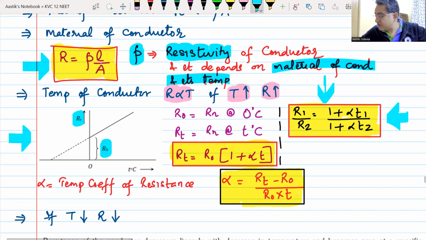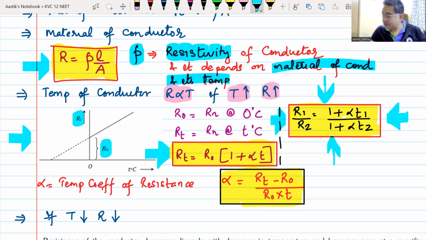From this formula, you can find out the value of alpha, and then you can use this formula. These are the two formulas that we had seen in the blue box and yellow box. From the first formula, you can get the value of alpha, and then you can use the value of alpha in the second formula. You should get the value of t, which is what is asked here.